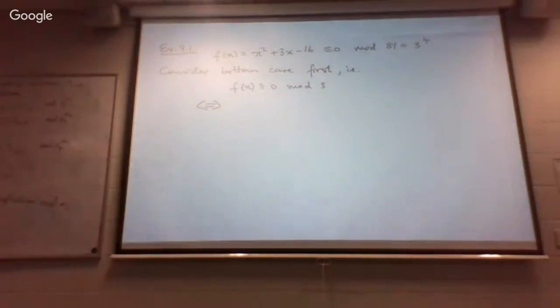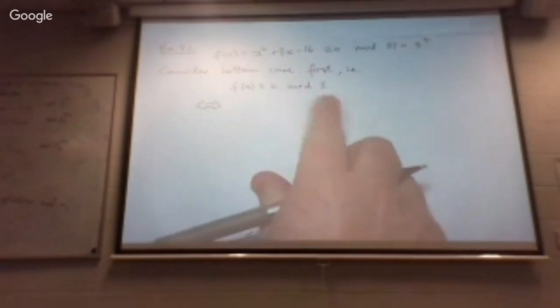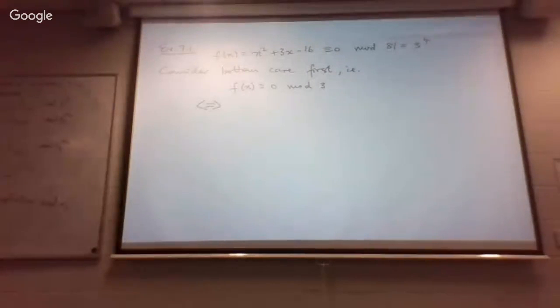Now, when you're considering it modulo 3, this polynomial doesn't look nearly as intimidating, because that means you can reduce all the coefficients modulo 3. When you're working in the modulo 3 world, things are fairly simple. There's only 3 objects, 0, 1, and 2. Every integer is congruent to either 0, 1, or 2 modulo 3. So any of those coefficients you see in the polynomial that are not 0, 1, or 2, you can reduce to their representatives 0, 1, or 2 modulo 3.